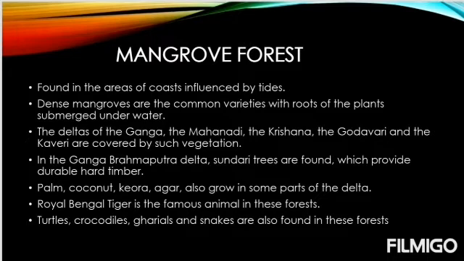In the Ganga Brahmaputra delta, Sundari trees are found, which provide durable hard timber. Palm and coconut trees are also grown in some parts of the delta. Royal Bengal tiger is a famous animal in these forests. Turtles, crocodiles and snakes are also found in these forests.